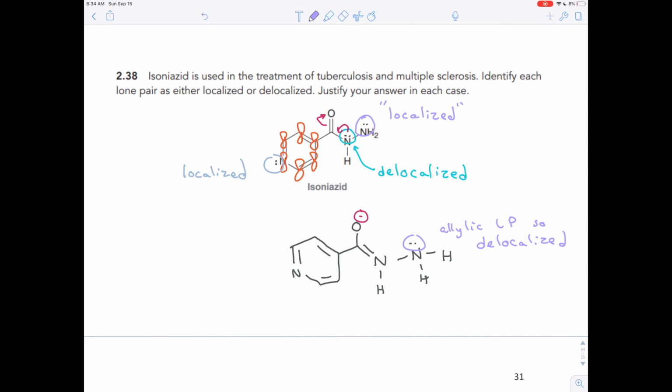Technically the bottom one is the correct one, but you don't have to draw out every single resonance structure. That adds a new layer of time and complication to the problem. So what you can do is just look at the structure they give you. If you see resonance in that specific structure, then it's delocalized. And if you don't see resonance in that specific structure, don't pull your hair out spending 20 minutes drawing every single resonance structure.